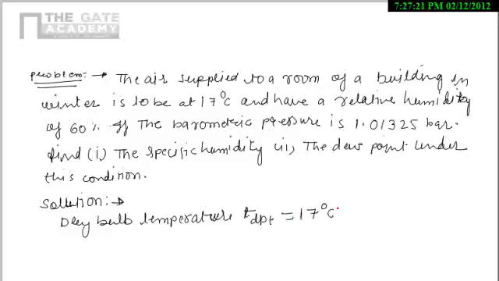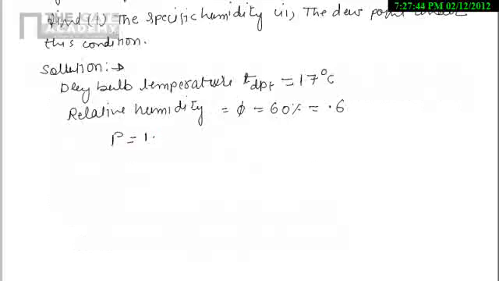Relative humidity is given, denoted by phi, 60%, that is 0.6. Total pressure, that is barometric or atmospheric pressure, P is given, that is 1.01325 bar.